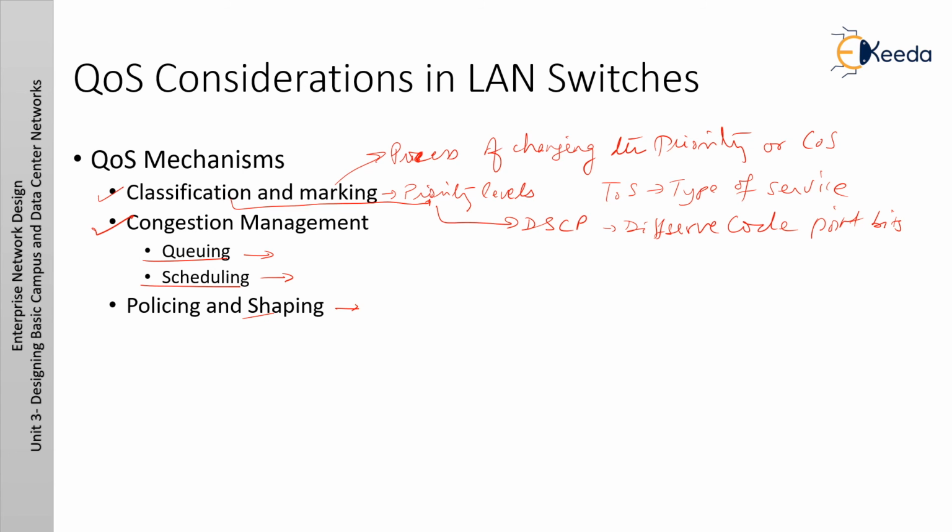Traffic shaping buffers the frame for short time. Policing simply drops or lowers the priority of the frame that is out of profile. Fine. So these are the things associated with quality of services consideration in LAN switches.